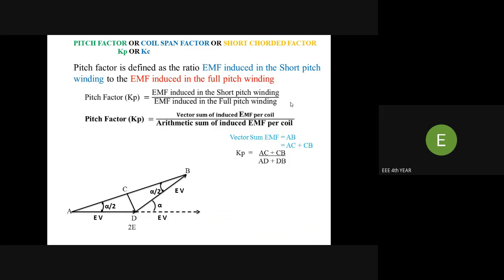Substituting the values of AC, CB, AD, DP: AD cos alpha by 2 plus DP cos alpha by 2, divided by AD plus DP. In this phasor diagram, AD equals DP. We can cancel the 2AD from the numerator and denominator. We get the formula for pitch factor: Kp equals cos alpha by 2.